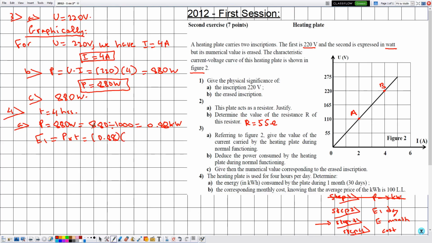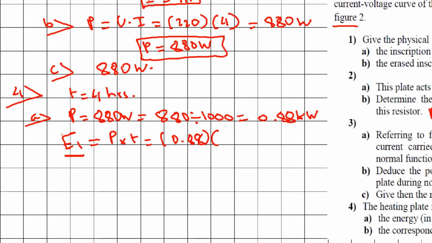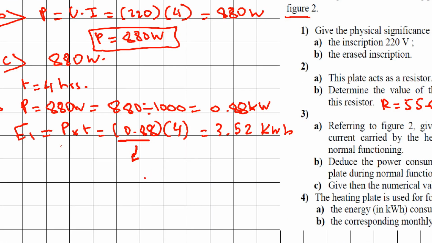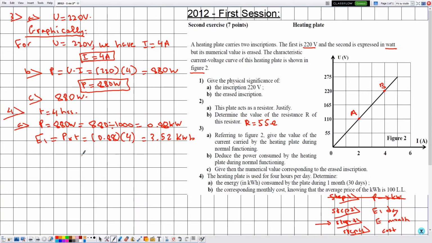The time is 4 hours per day. E1 represents the electric energy for 1 day. Now plugging this on the calculator, it will give me 3.52. And the unit is kilowatt hours because P is in kilowatts and time is in hours.